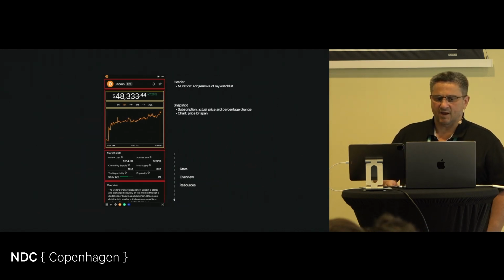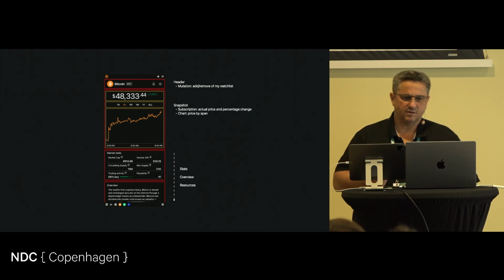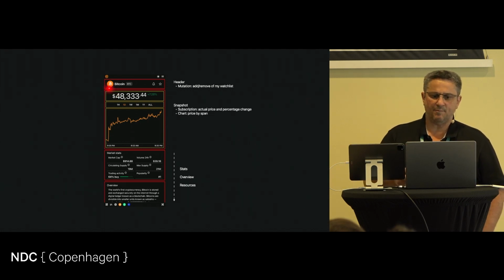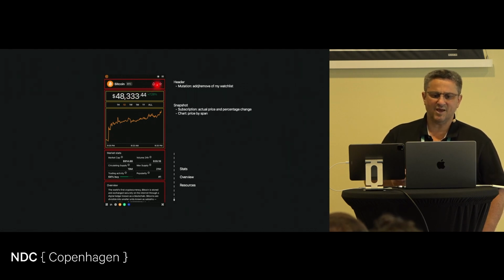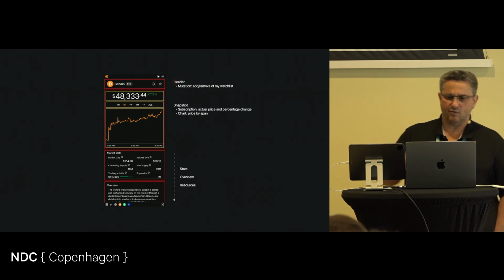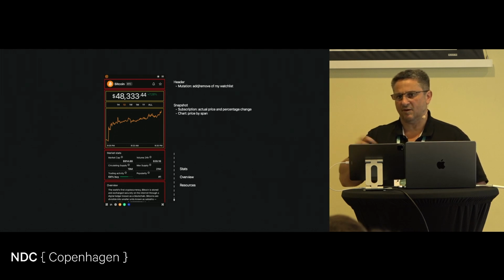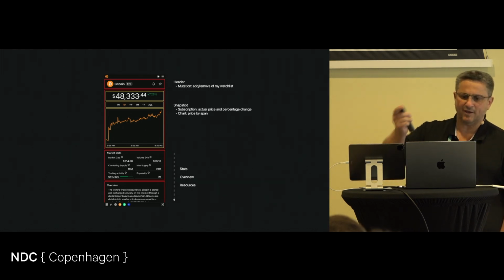Anyway, you can see how we make this view collecting all the data that we need, right? Then you can see here again we have these data requirements. In the header, apart from showing the logo, the name of the currency, and the symbol of the currency, we have 2 mutations. I will show just this one, that is the star. That is a mutation to add and remove from the watch list, kind of like a button, right?